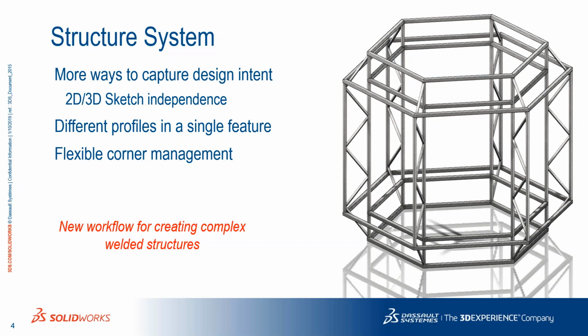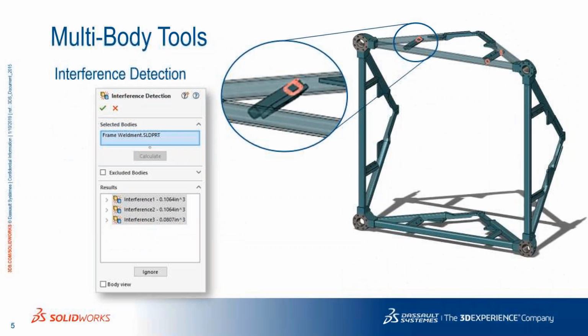So again, it's more ways to capture that 2D and 3D design. Create your reference geometry and then jump right into laying your profiles nice and easy, all within one to two features.